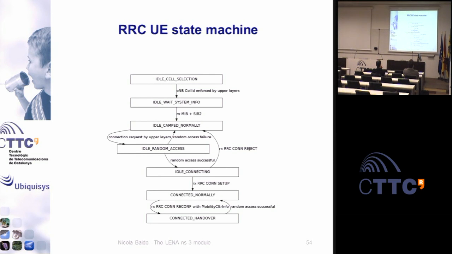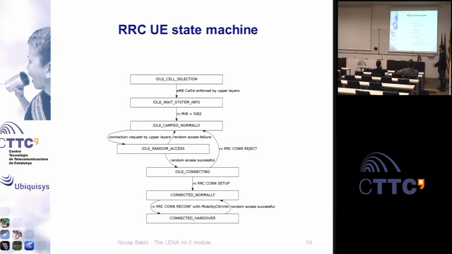So once the UE goes connected, it stays in connected mode and maybe hands over to another cell, but still stays in connected mode. We are thinking in the near future to also implement some form of idle mode, so that you can terminate the connection and go back to this state here where you might perform cell reselection. But currently this is not supported.